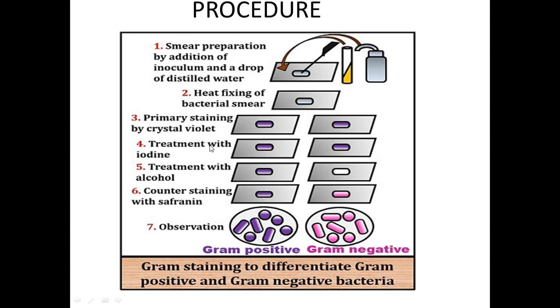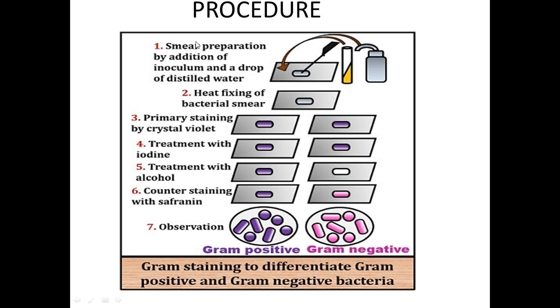You once again allow it to dry, then you rinse it for a while, then you treat it with alcohol, which is the solvent. After you add the alcohol, you rinse it again, then you do the counter staining, which is the addition of the safranin. Afterwards, you rinse it again, then you observe it under the microscope. So these are the main steps in gram staining.